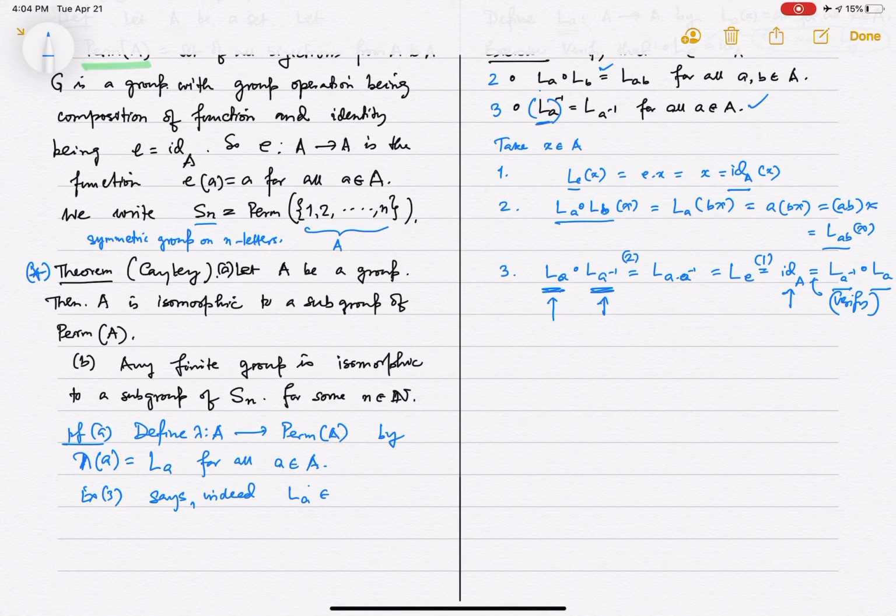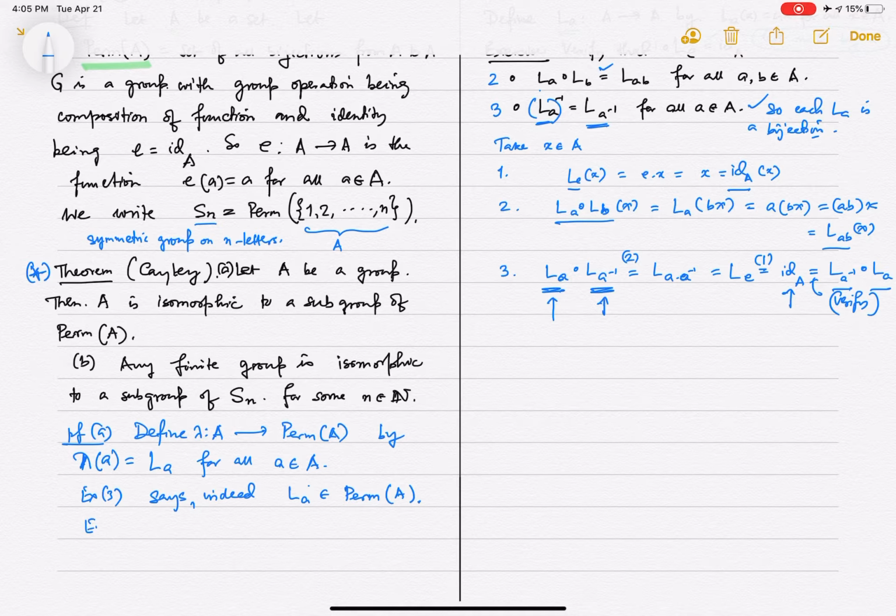The inverse of L sub a is L sub a inverse, so each L sub a is a bijection from A to A. So they are elements of perm A. So indeed this lambda is a function from A to perm A.